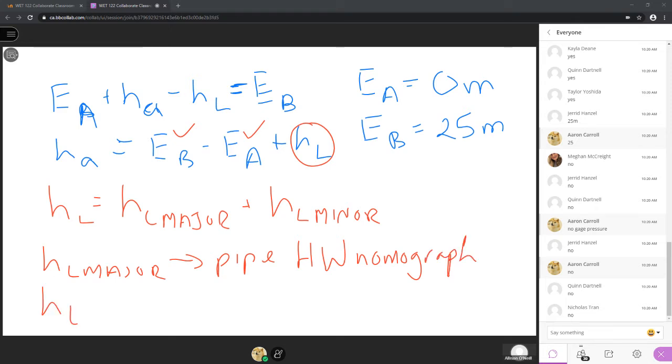Our minor head losses are going to be the elbows and exits and entrances. And we are going to use one of our two methods, either the resistance coefficient method or the equivalent length method, to figure out what our head losses are.